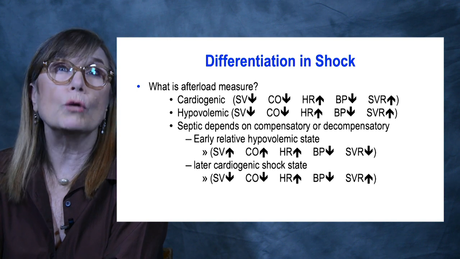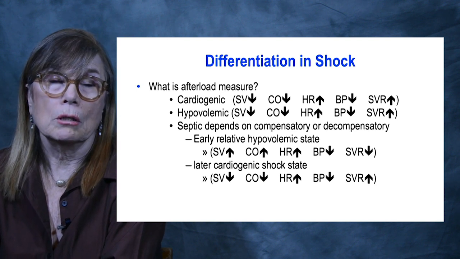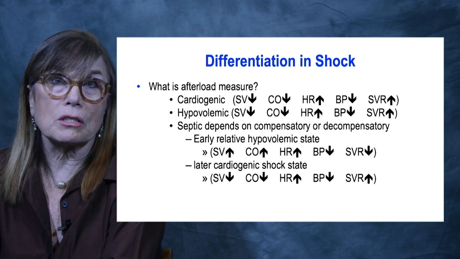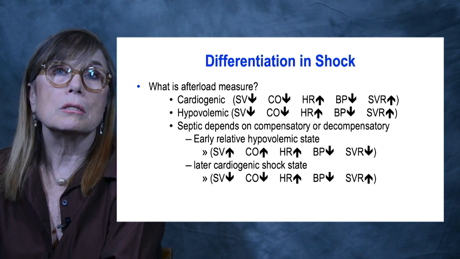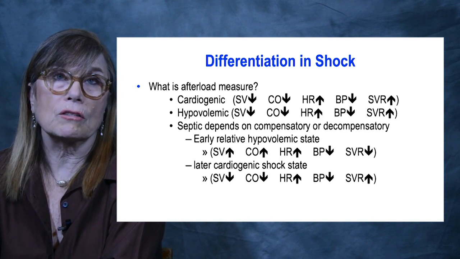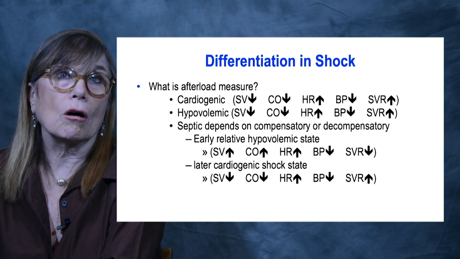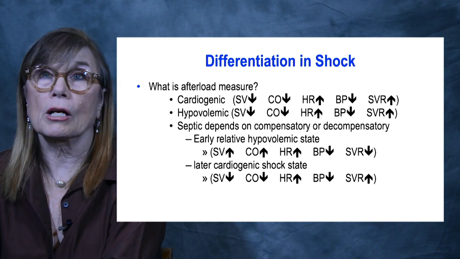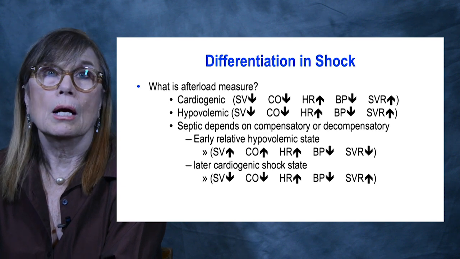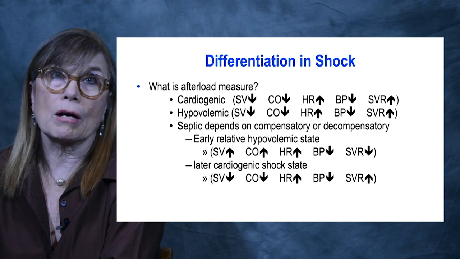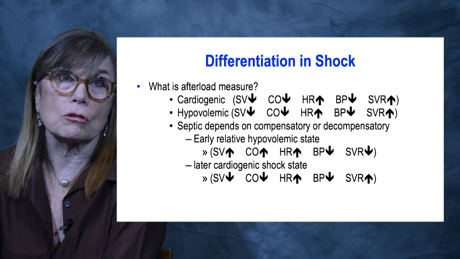Okay, so I want to really call your attention to compensatory sepsis with low SVR, decompensatory sepsis with high SVR. And I want to make sure that we appreciate that SVR is a calculation depending on your cardiac output. It's not that all of a sudden your vessels vasoconstricted.